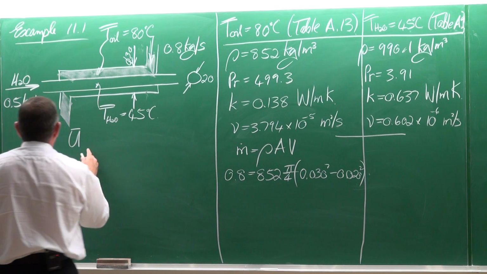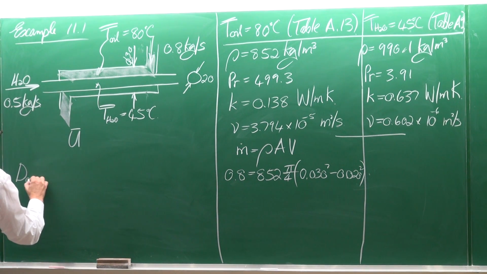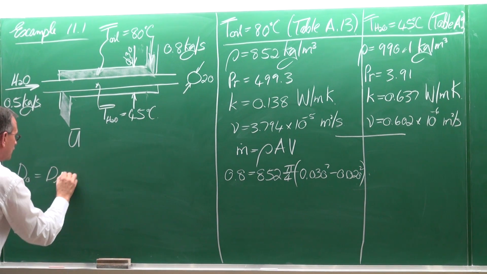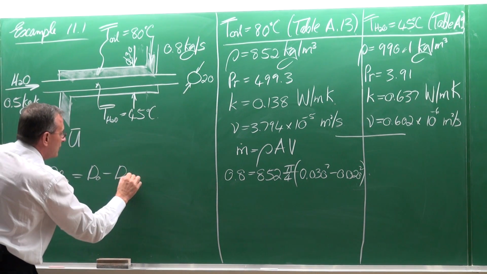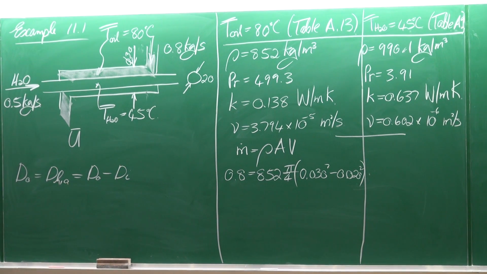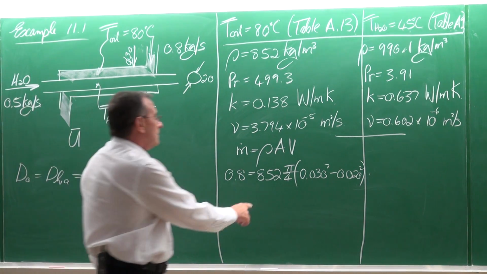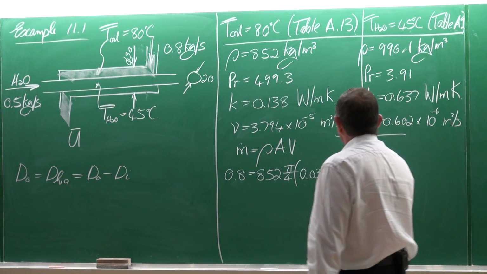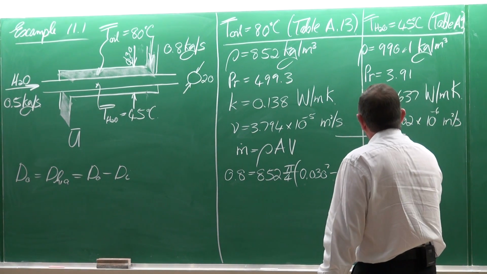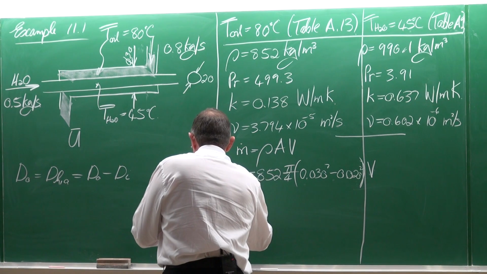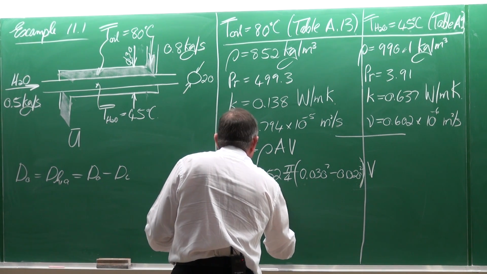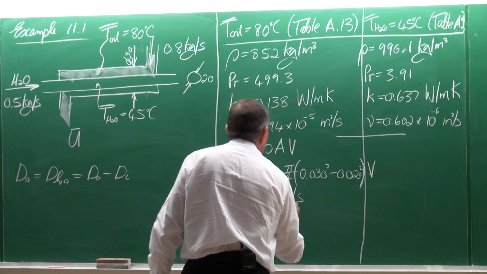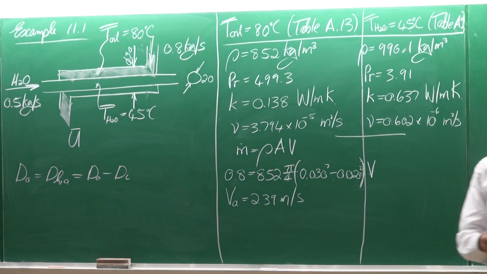The hydraulic diameter of the annulus is equal to the outer diameter minus the inner diameter. The mass flow rate is the density times the cross-sectional area multiplied by the velocity V. So from this we can get that the velocity in the annulus is equal to 2.39 meters per second, the velocity of the oil in the annulus.